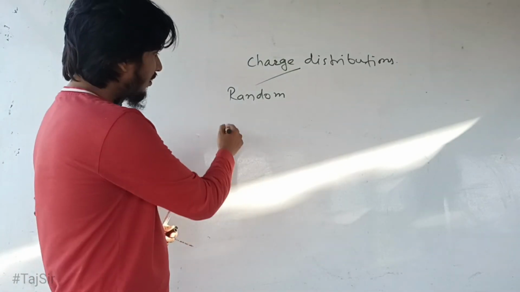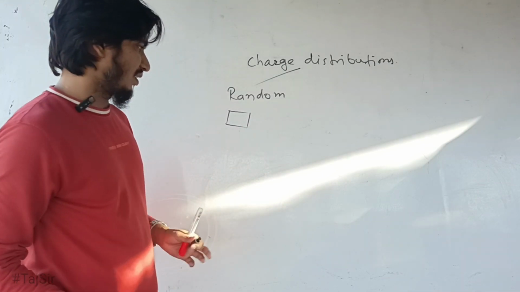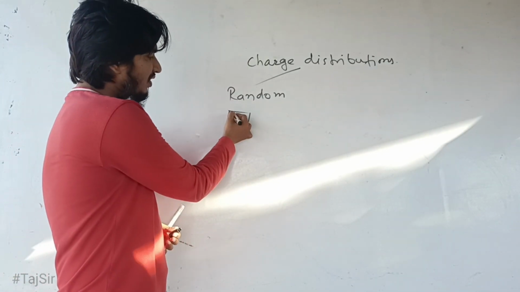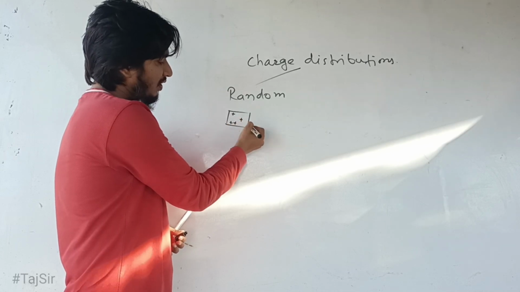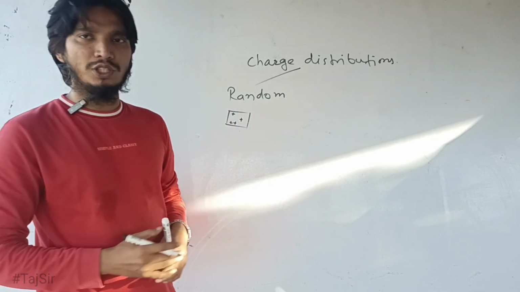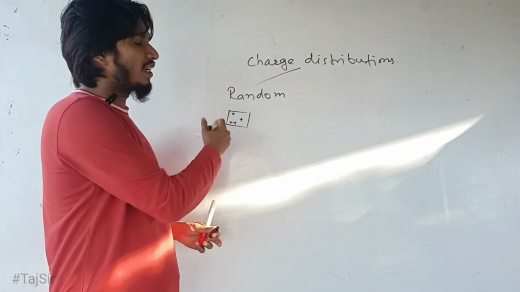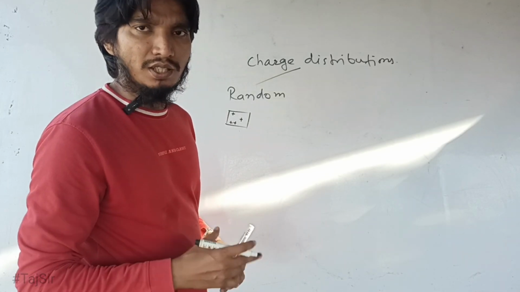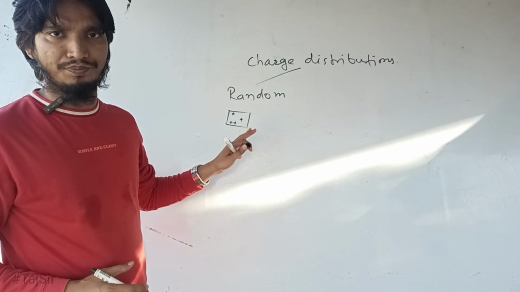Random means if you have an object, suppose this is a sheet, there is a charge plus, there are two charges, there is one charge. This is not uniformly distributed throughout. That means in some area there is more charge and in some area there is less charge. This kind of distribution is known as random charge distribution.